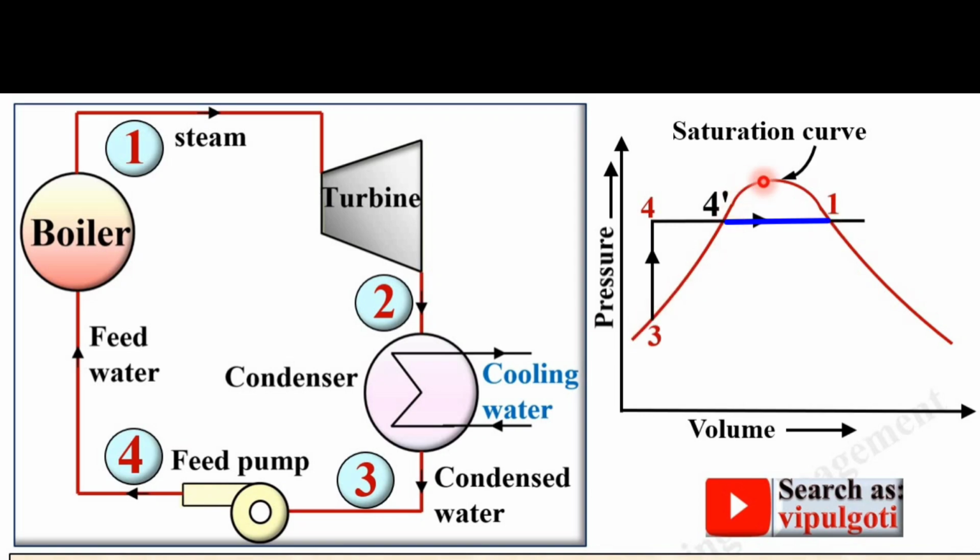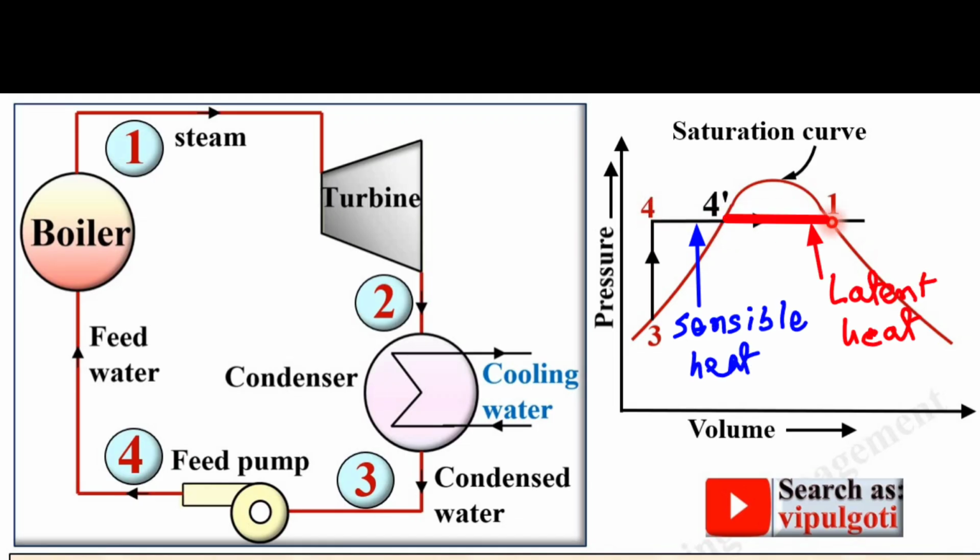This is the saturation curve. From that you can understand here the phase is liquid and here the phase is gas. So in the boiler, first sensible heat is supplied and then latent heat is supplied. So 4 to 4 dash is the sensible heat, then 4 dash to 1 is the latent heat.